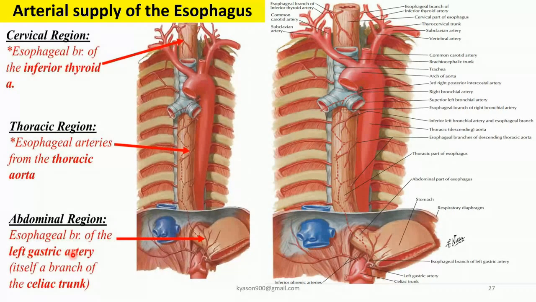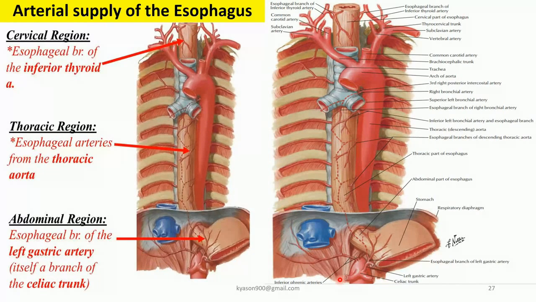The left gastric artery, as you hear gastric, is an artery that's going to be largely supplying the lesser curvature of the stomach. These esophageal branches are going to be branches of the left gastric, and the left gastric is going to be a branch of the celiac trunk. The celiac trunk is a very short trunk that comes off from the aorta and then divides into three.